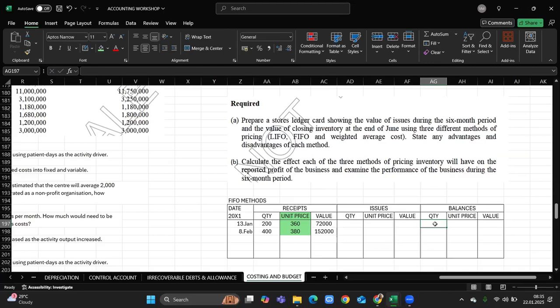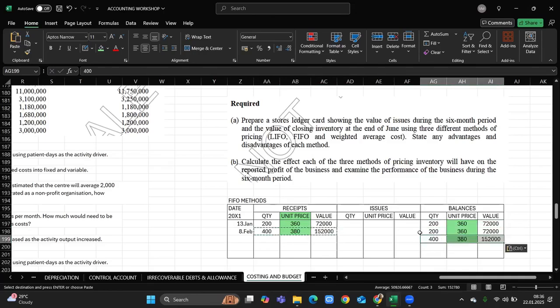So now the same thing for your balances. Okay, what will happen to my balances? Okay, so this one you take note, how you do entry in your balances part. So now the 13th January is considered done. So after 13th January, only 8th February is my next receipt.